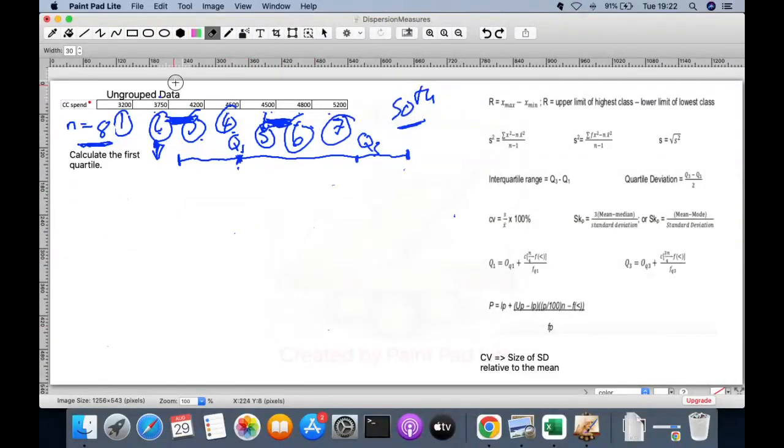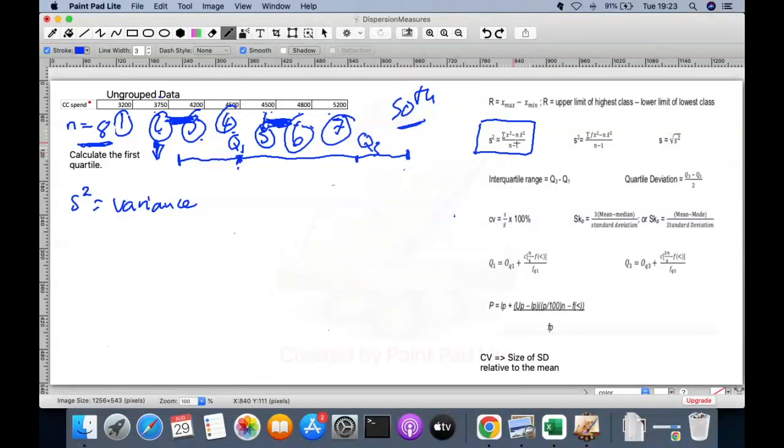So the variance is represented by S squared. This is your variance. For ungrouped data, you'd be using this formula here.